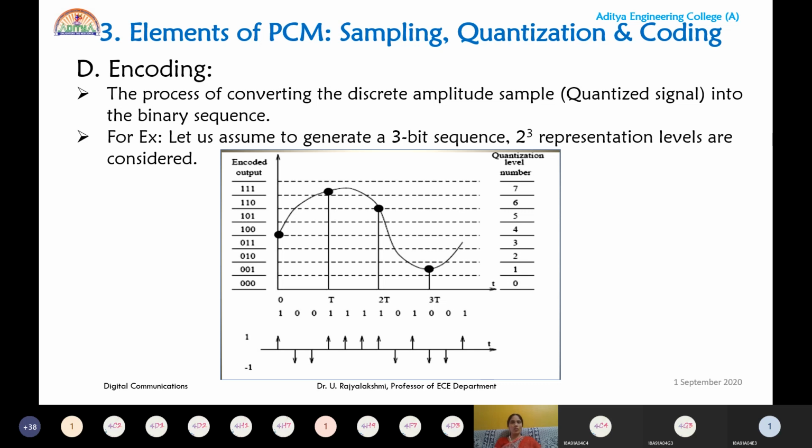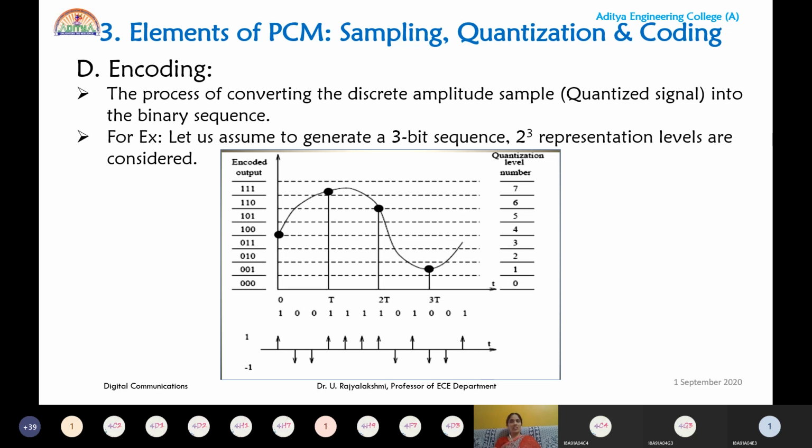Now finally the encoder generates the PCM signal, the pulse code modulated signal. The output of the encoder, which is the PCM signal, is directly fed to the channel. Once it is fed to the channel, our PCM signal may get distorted.